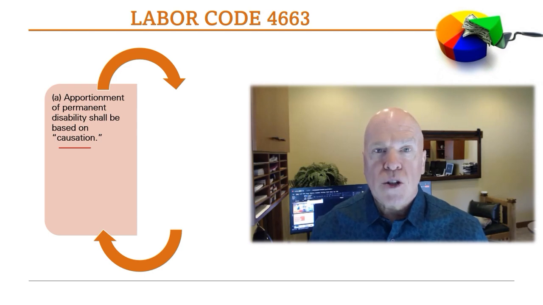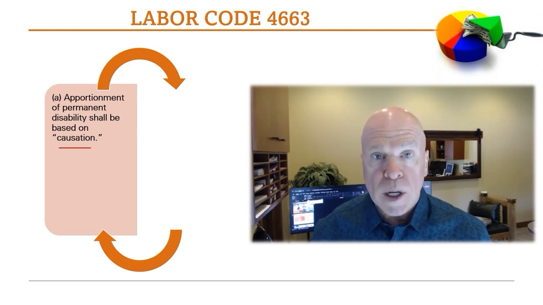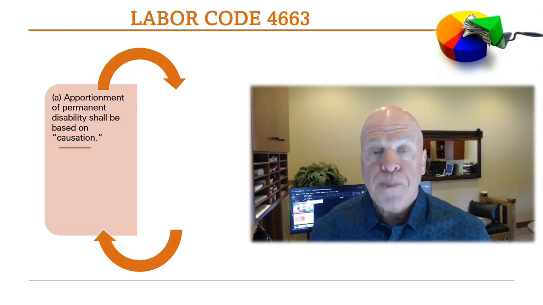In other words, the final permanent disability rating could only be reduced down, could only be apportioned, if it could be proven that the examinee had a pre-existing labor disabling condition. Labor disabling was the critical criteria. So back in the day, we had the philosophy that the employer takes the employee as he finds him or her.